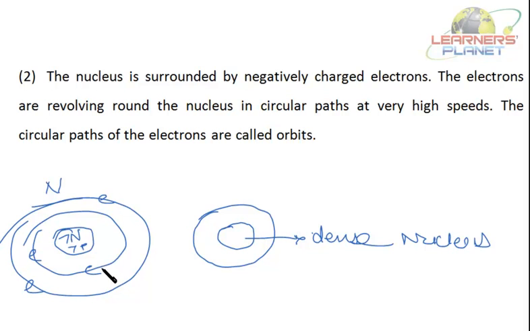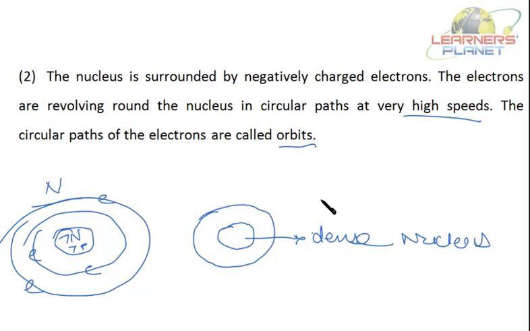It is also called the planetary model. Just as the planets revolve round the sun, so are the electrons revolving round the nucleus, in circular paths at very high speed. The circular paths of the electrons are called orbits.